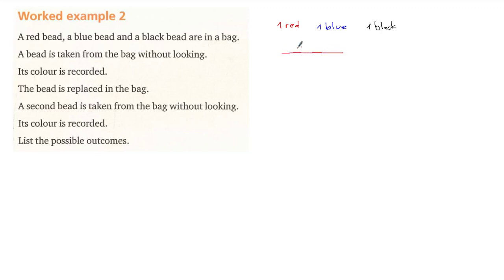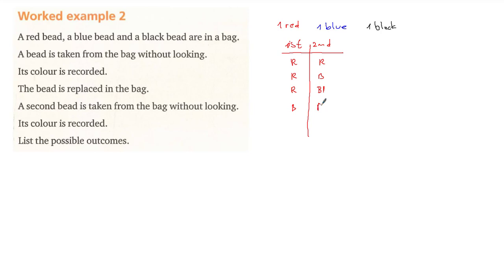So we can make a table like this: first outcome, second outcome. Now, how many outcomes will there be in total? Well, it can be red, red. Another chance is that the first one is red and the second one is blue. Then we have red and black. Let us write black as BL. Then the first one may be blue.